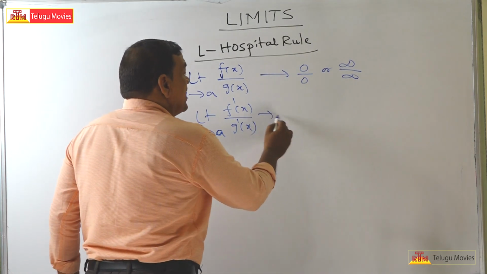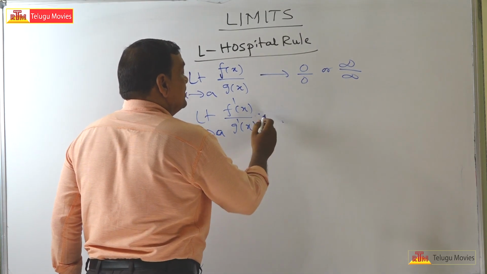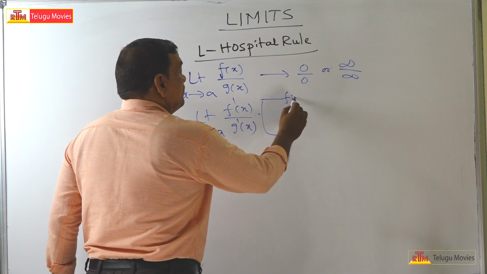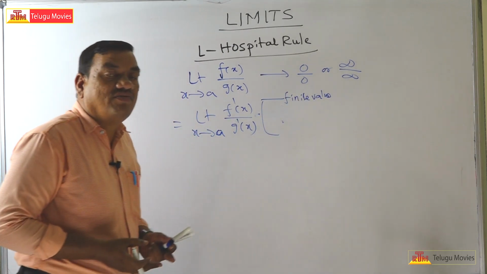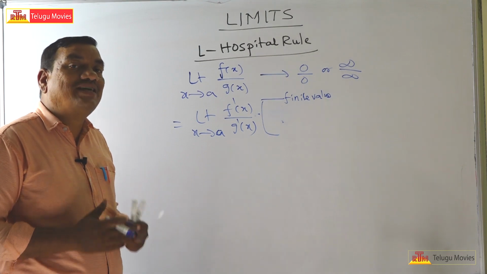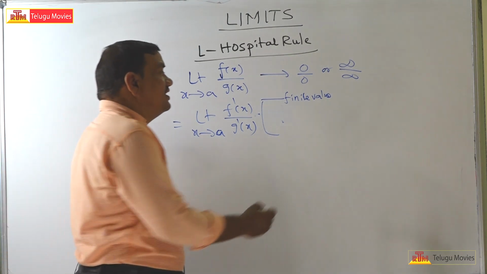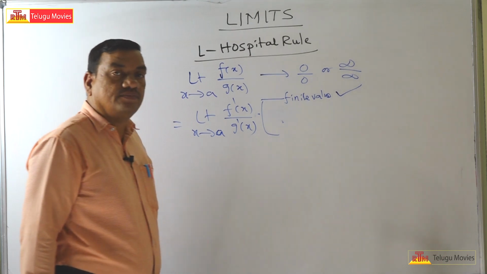If it is a finite value, there are two cases. Finite value means if you get any one finite value, root 2, root 5, 7 by 8, any real number, then this will be your answer.